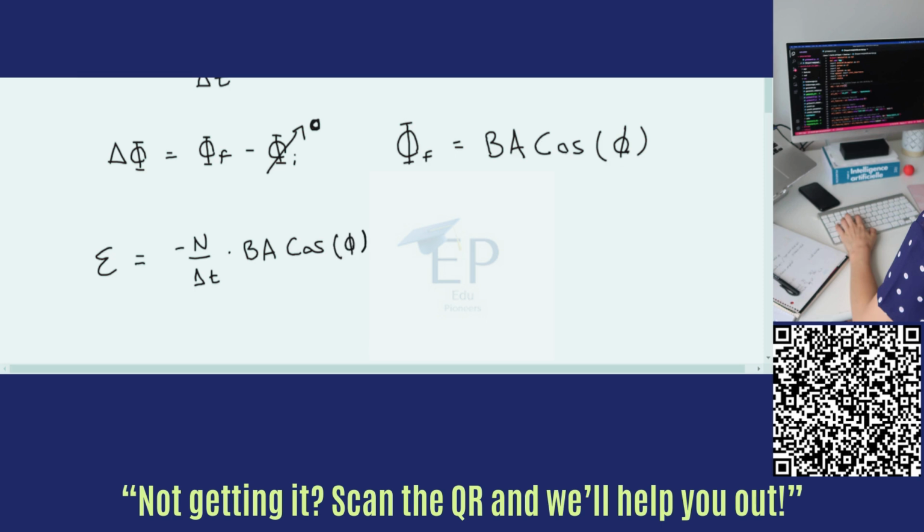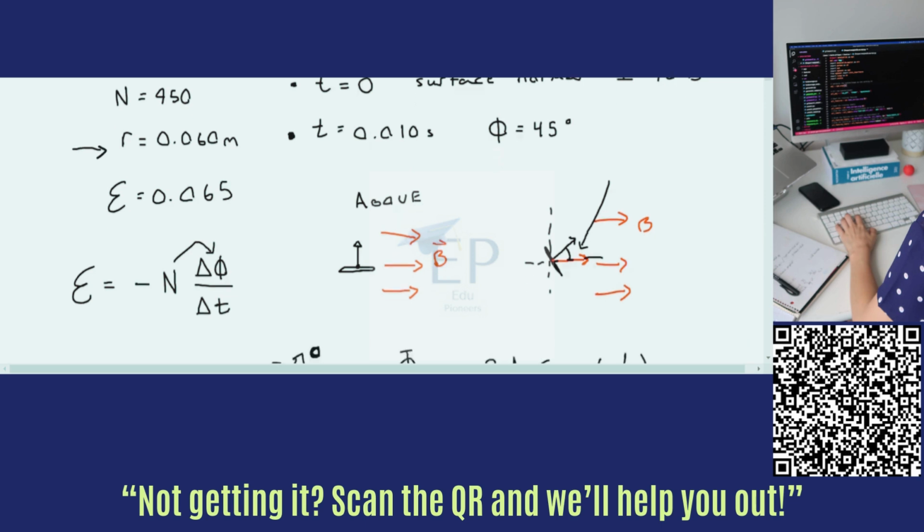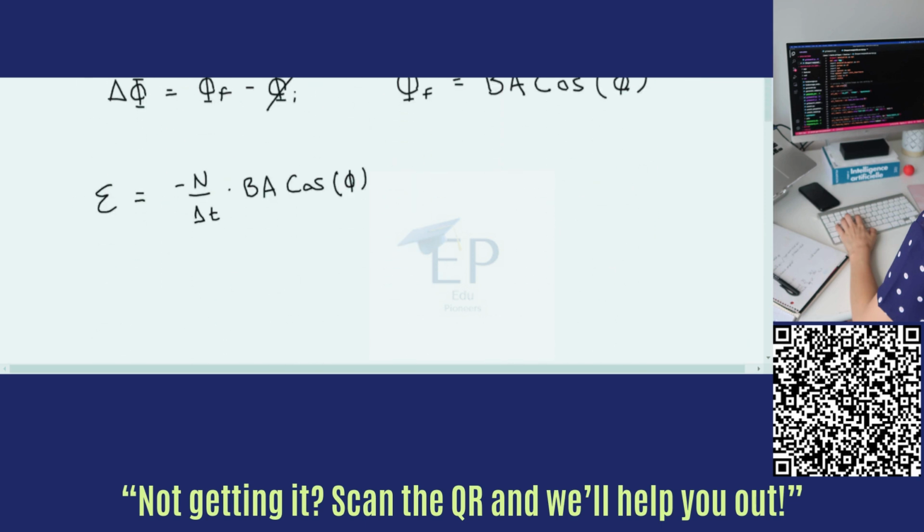And A is going to be the area of a circle with radius 0.06 meters. And we know that the area of a circle is just pi r squared, so we can just substitute that in there as well. We'll have minus nB pi r squared cosine of phi over delta t.